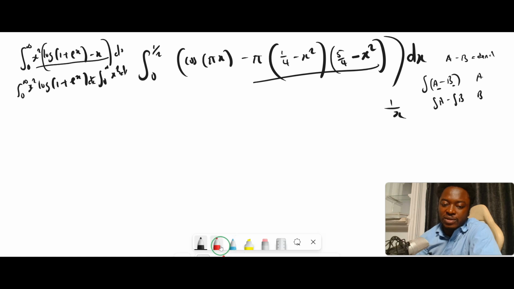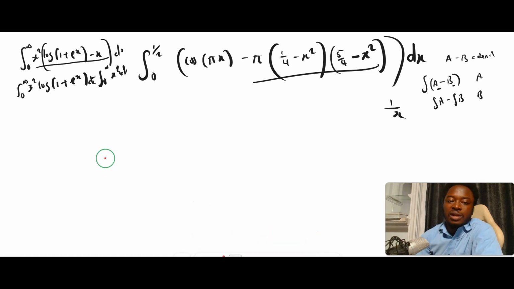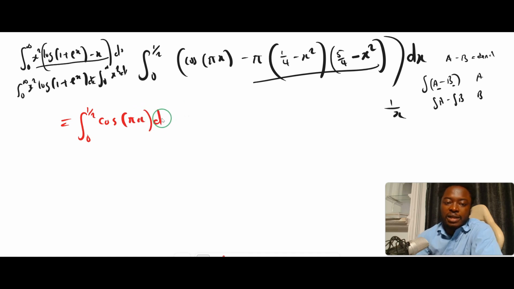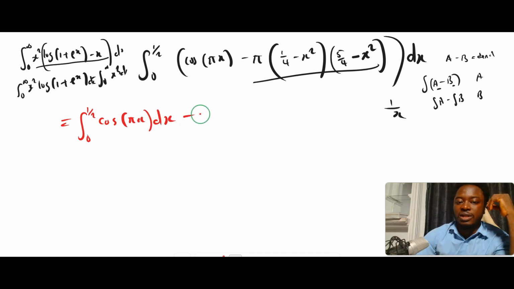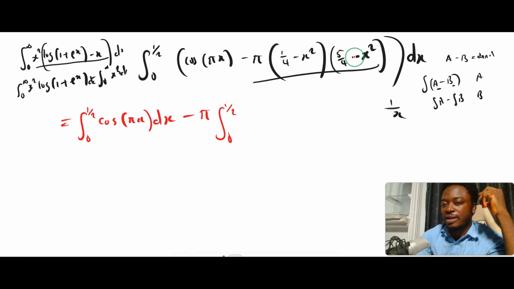So when we do the separation, you will end up with the integral from 0 to 1 over 2 of cosine of pi x dx. Now for this case, you have a pi times the integral from 0 to 1 over 2. But before we go on, you have to first of all clear everything.